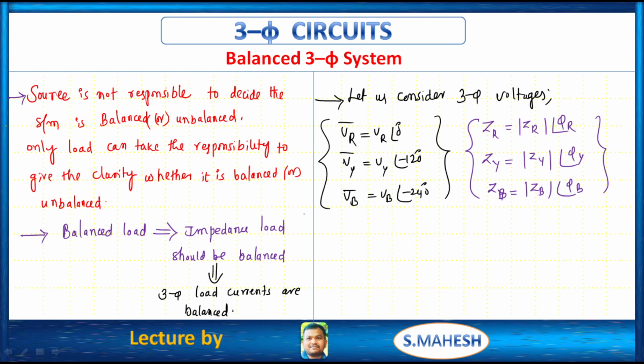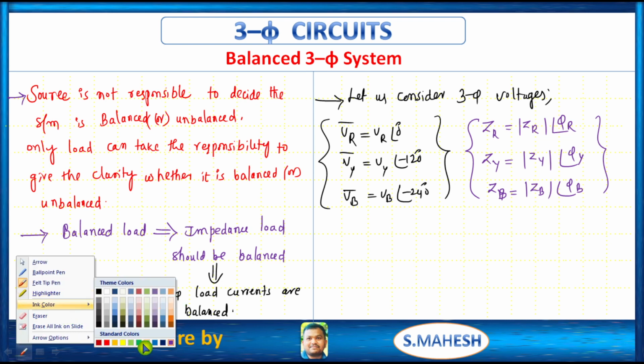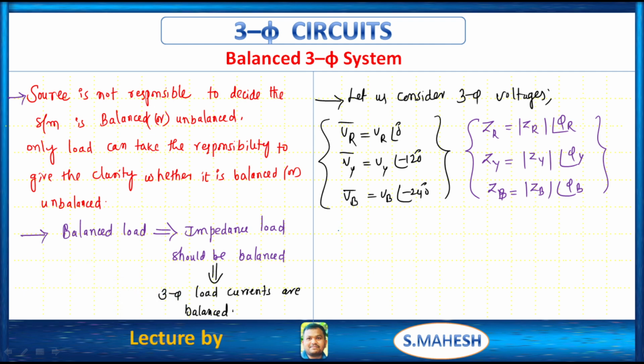Okay, then we have voltages, we have impedances, phase voltages and phase impedances. Then what about the phase currents? Therefore, phase current IR should be equal to VR at an angle 0 divided by ZR at an angle phi R, which is equal to VR by ZR at an angle minus phi R, right?